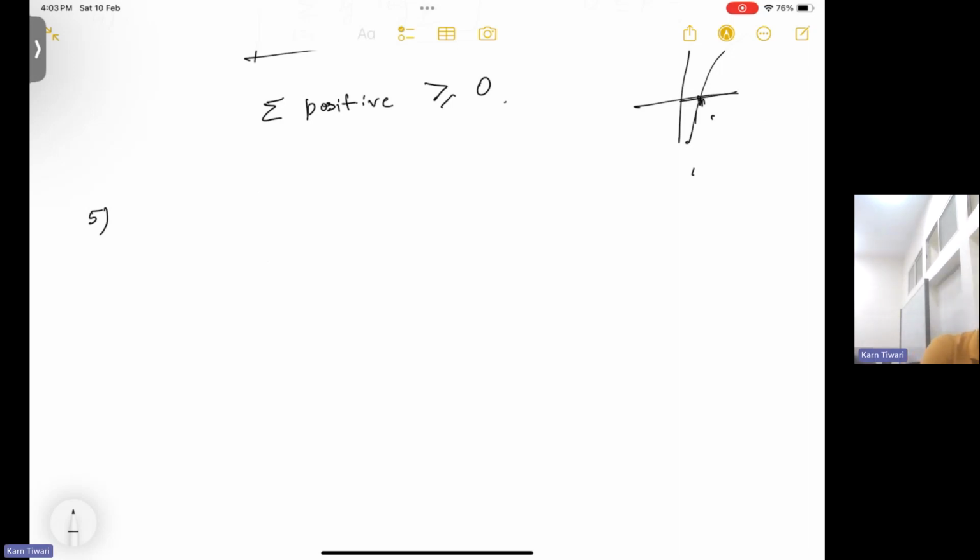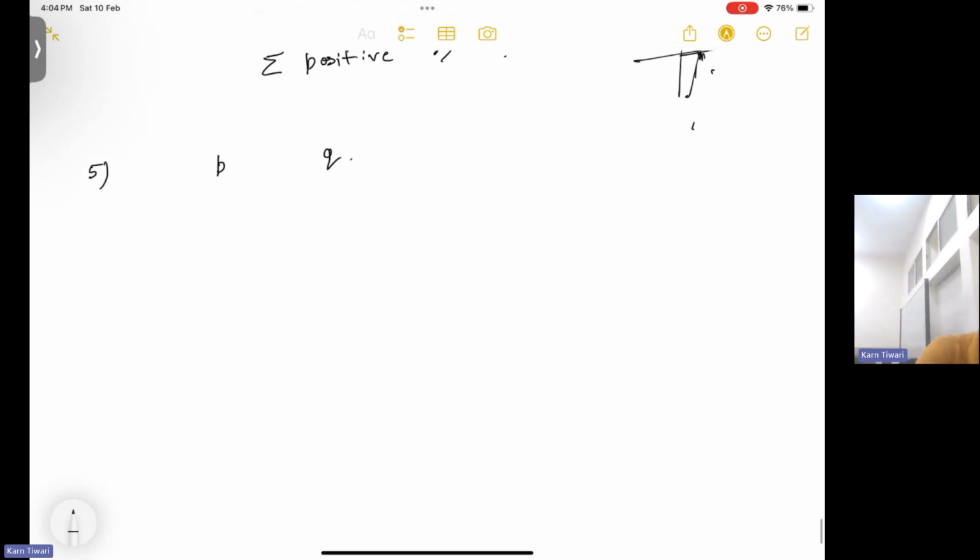So basically the cross entropy between the two distributions P and Q is P log Q. P and Q are the two distributions which are given to us.